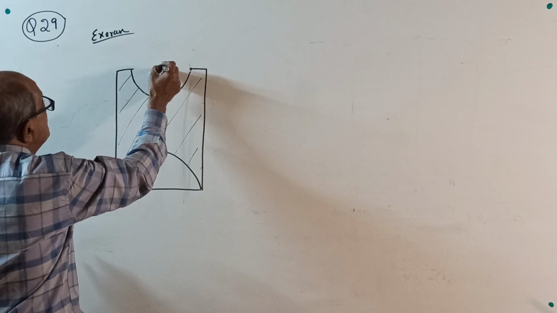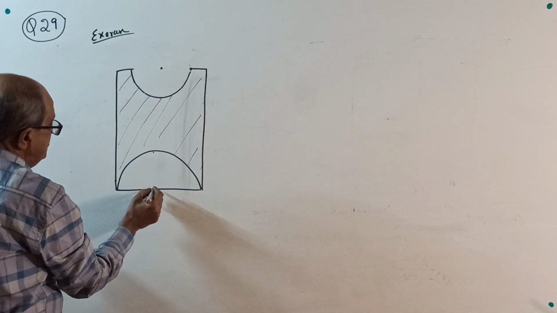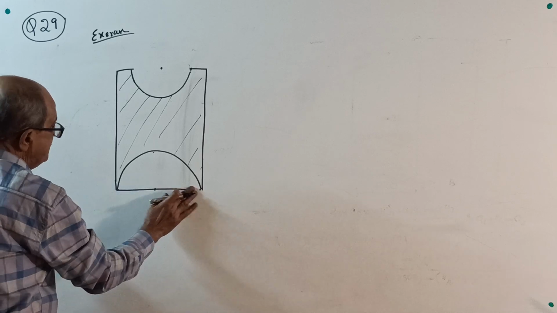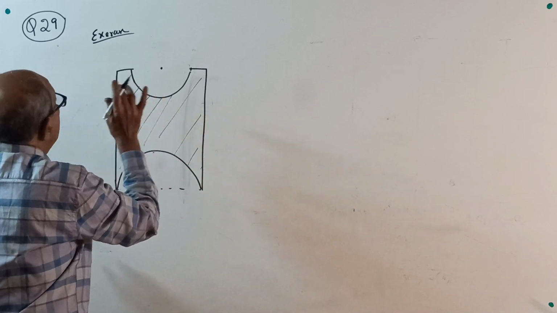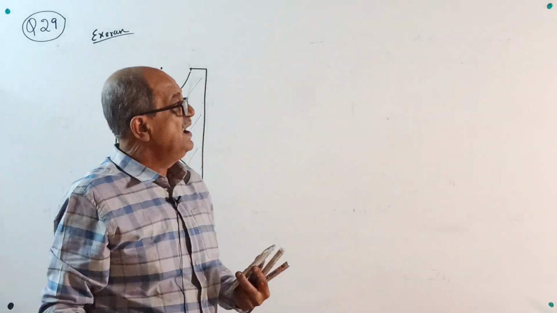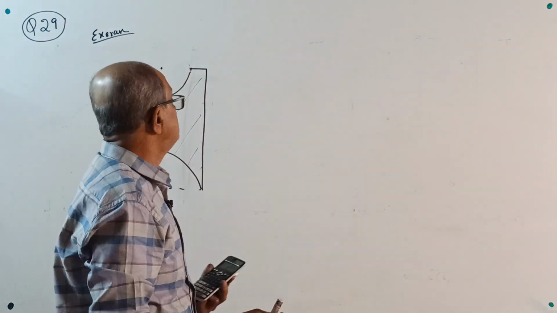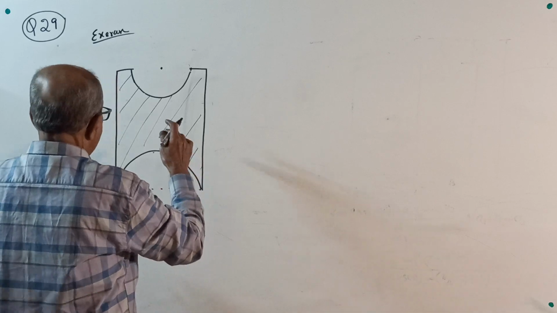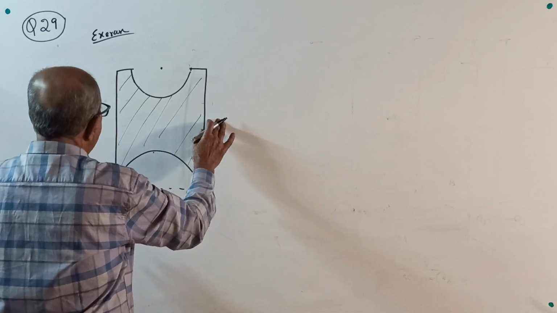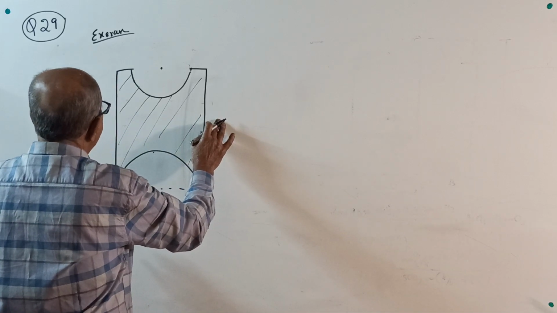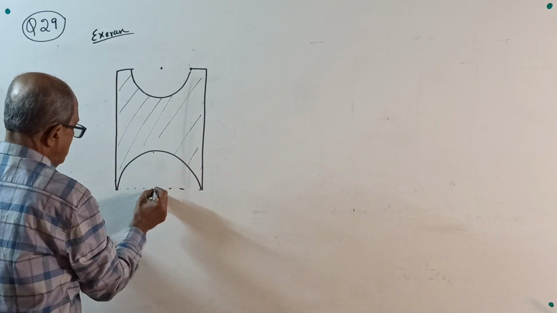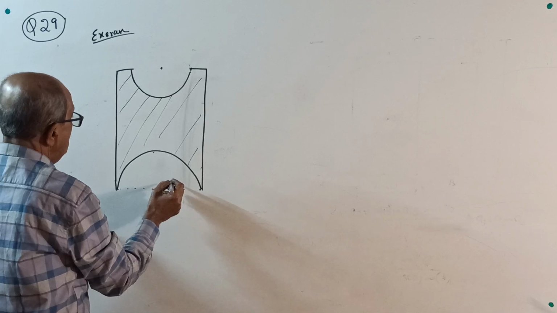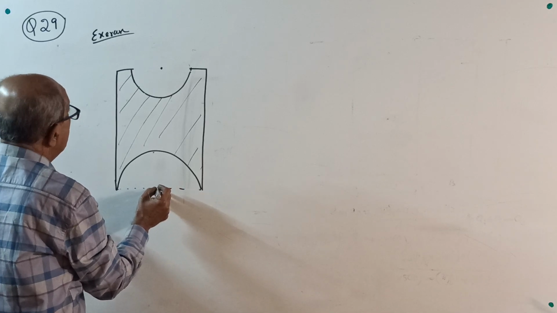Some dimensions are required here. I'll give this width first. See, this is not there; it is only imagination. This is the given lamina. The question is, locate the centroid for the given lamina. 100. Okay, the centroid will come on which side? That side. This is some 100. Where should I show the 100?